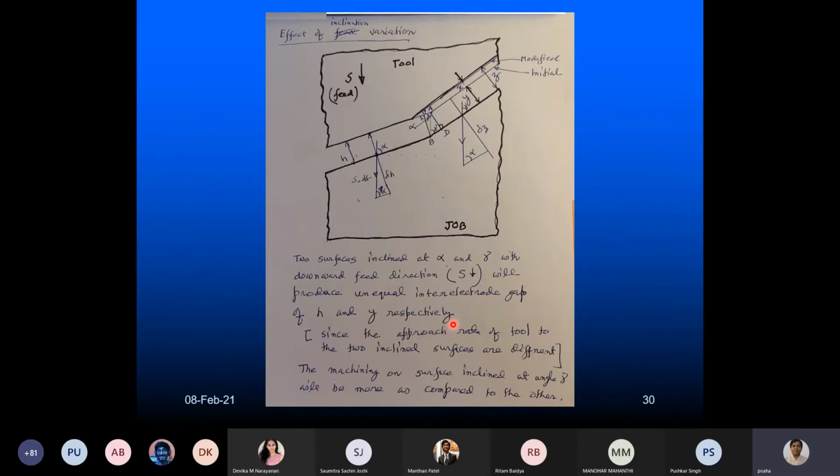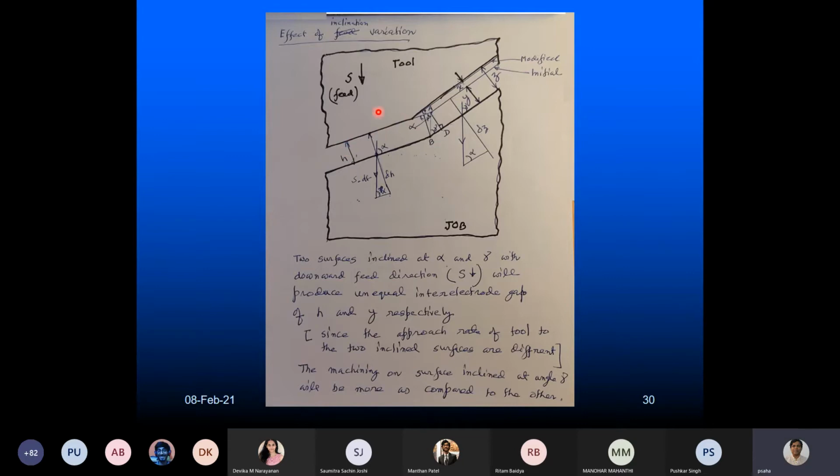So what I am going to show over here, what is going to be the effect? Suppose this is the tool and this is the job. Okay. And here the tool is getting down in coordination with the rate of machining. Okay. So this is my inter-electrode gap.